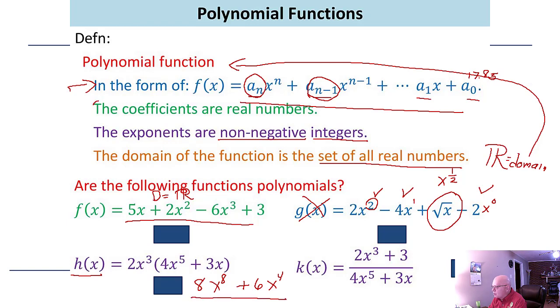Just to pass all those tests. Okay. Real numbers here for coefficients. You've got non-negative integers for exponents. Bingo, you got it. And the domain is all real numbers, just as it is for all polynomials.